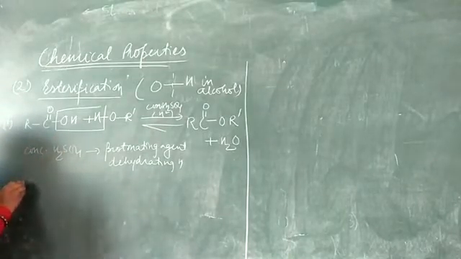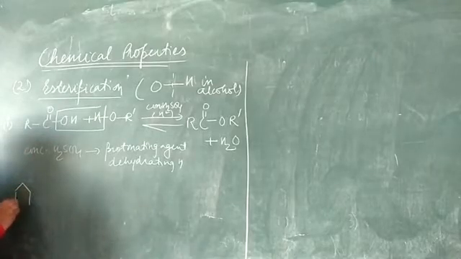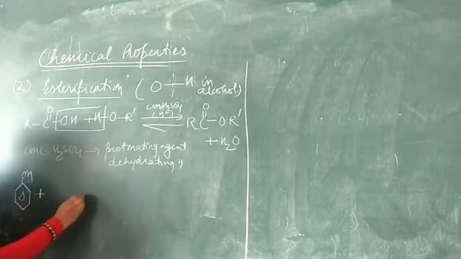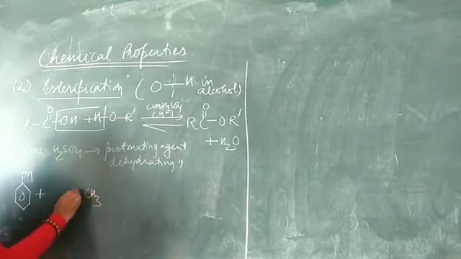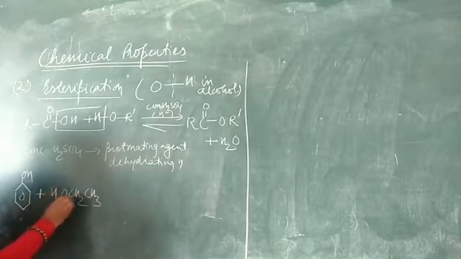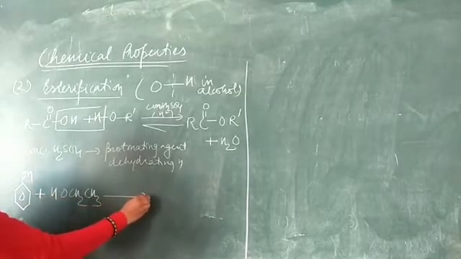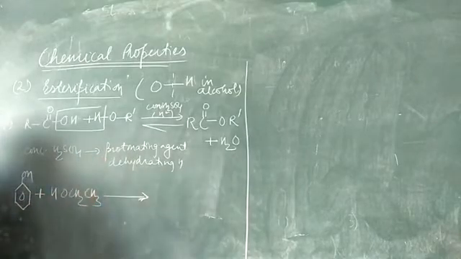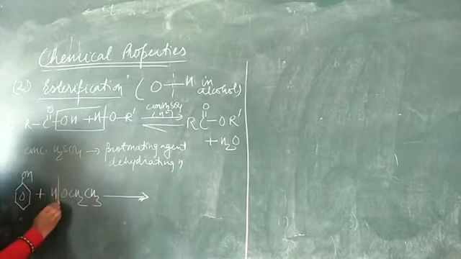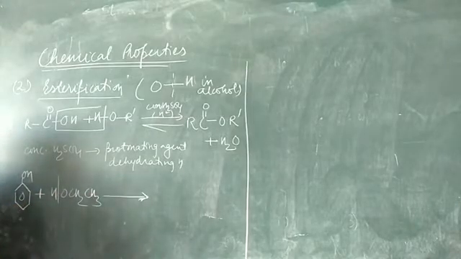This reaction can also be shown by phenol. This is phenol. Right, now let's take an example of CH3CH2OH, this is ethanol. So this reaction is being carried out, so this bond will be broken down, right?